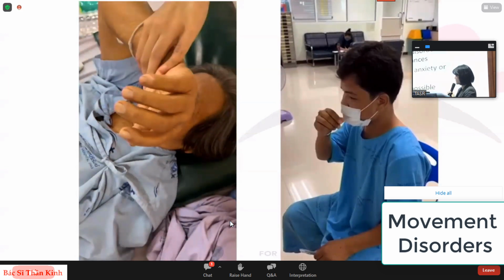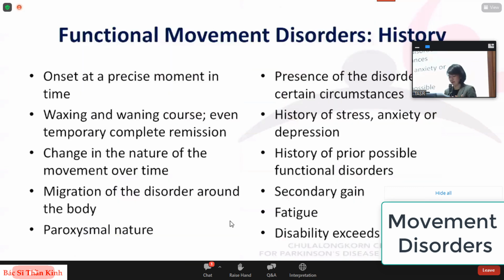For functional movement disorder, the clinical clues might be acute onset, waxing and waning, change in movement over time, and it may migrate from one part to another. There may be absence of the usual signs of an organic disorder, and maybe a history of psychiatric disorder, and maybe secondary gain.